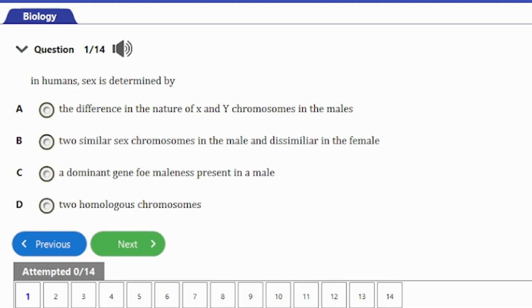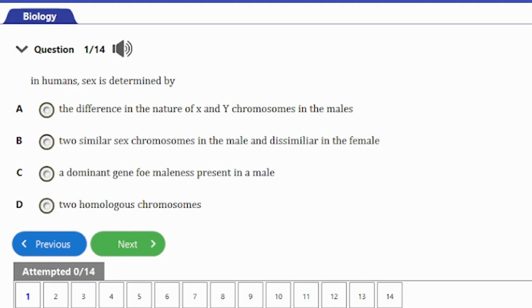In humans, sex is determined by the difference in the nature of X and Y chromosomes in males. That's as a result of the fact that it's the males that have two distinct sex chromosomes, that's X and Y, whereas the females have just the same kind of sex chromosomes, that's X and X. So the presence of the Y chromosome determines maleness.